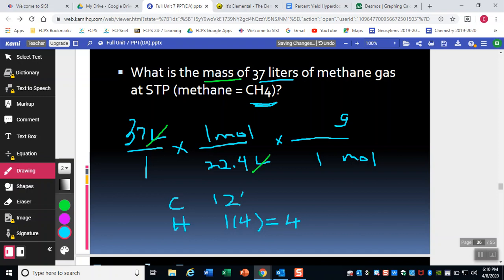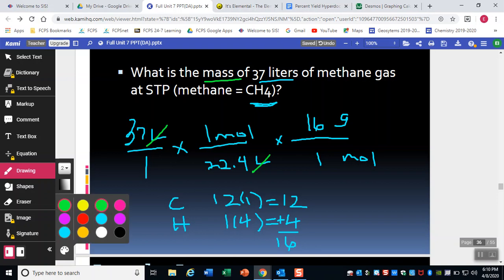And then I have 1 carbon. So I have 12 plus 4, that gives me 16. 16 grams per 1 mole of methane gas. All right, so now my moles went away, and now I've got grams.